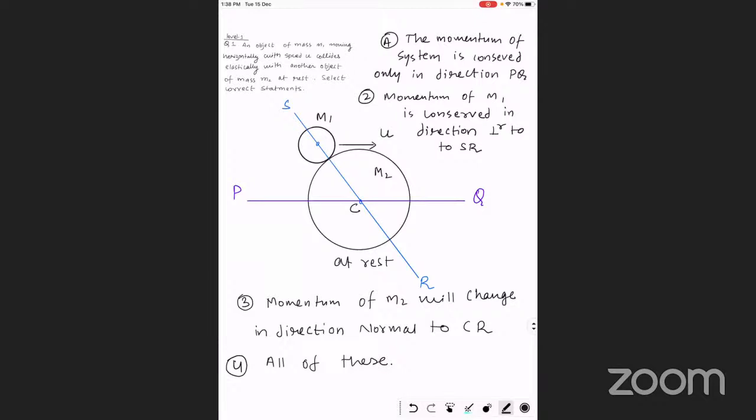Hurry up. Arpit Singh third. Shruti is saying 4, and Shruti is 200% wrong.